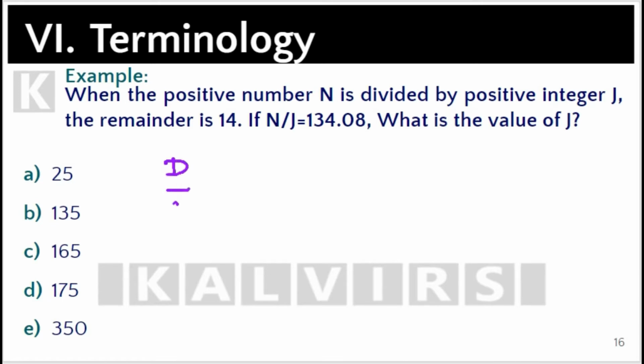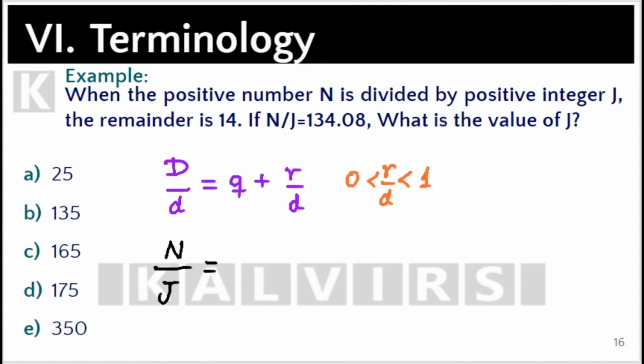The dividend over the divisor is the quotient plus the remainder over the divisor, and the remainder over the divisor is always between 0 and 1.